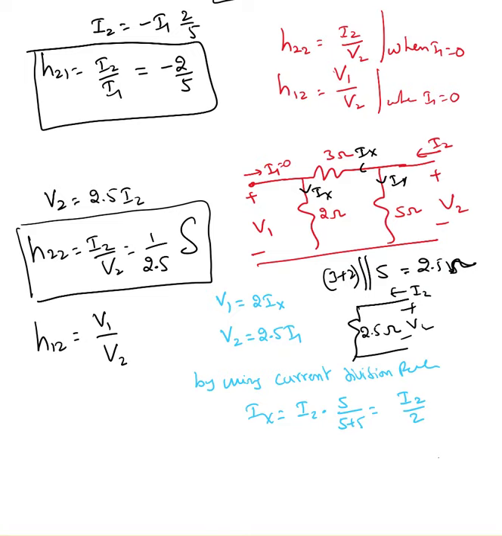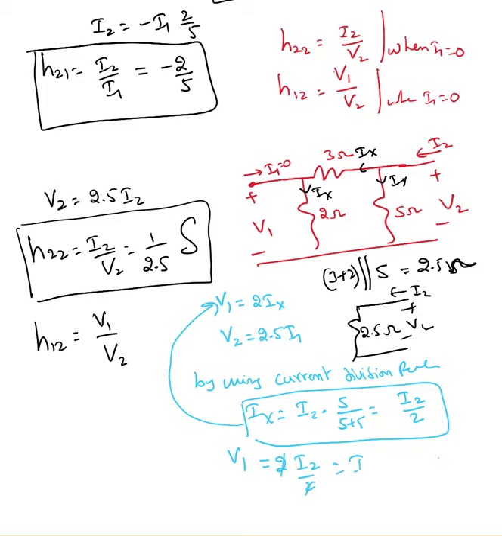I'm going to substitute this Ix value in here. So v1 equals 2 i2 over 2, which cancels to i2. So h12, can I write this as i2 divided by 2.5 i1?